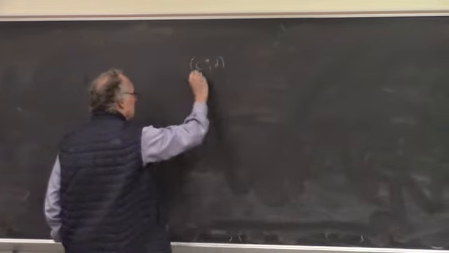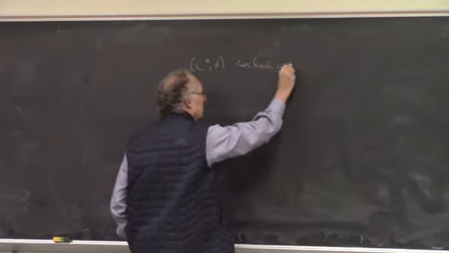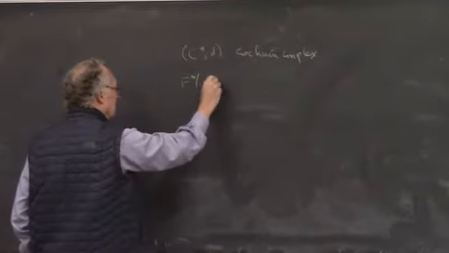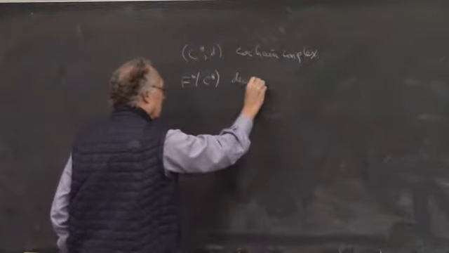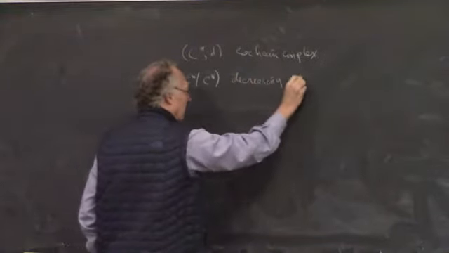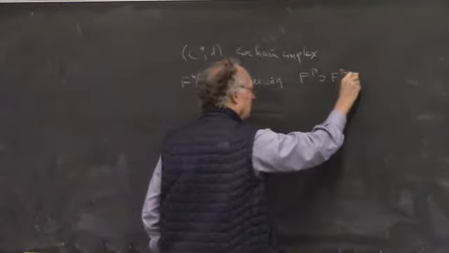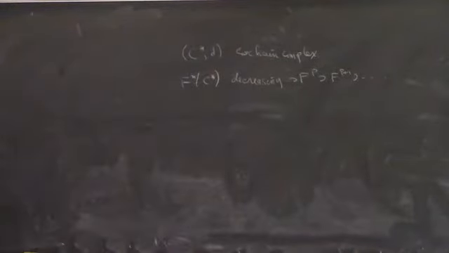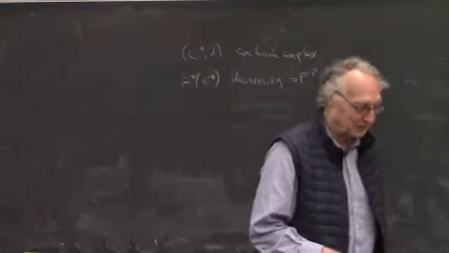So we have a cochain complex, and we have a decreasing filtration, and we lose F^p, which implicitly I'm going to assume is finite, at least in each degree, so that our spectral sequences converge.